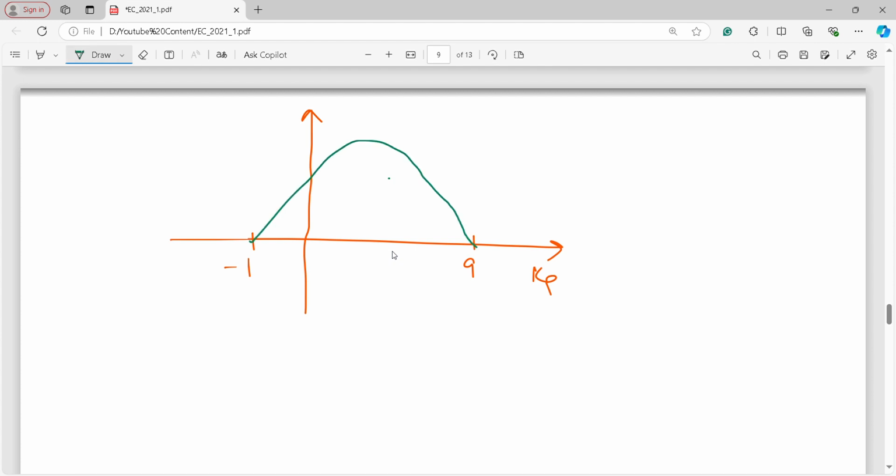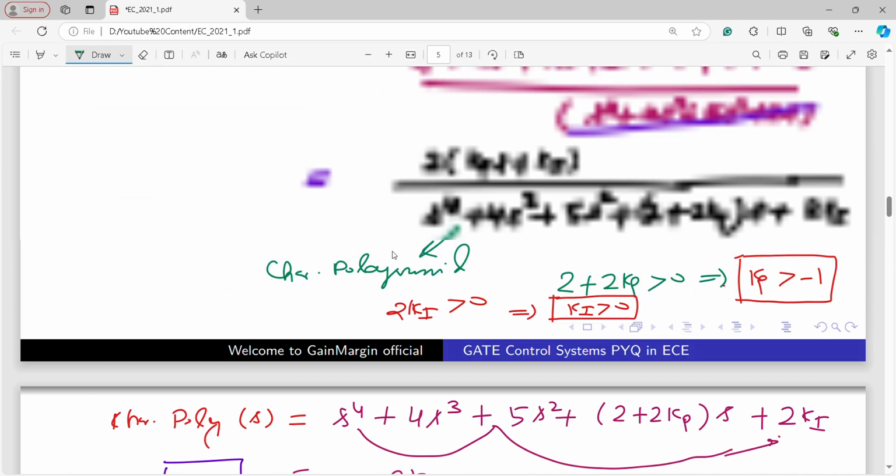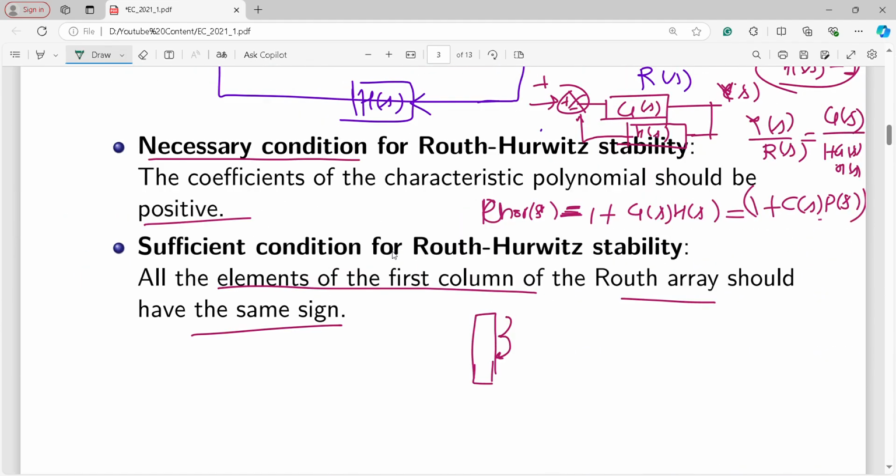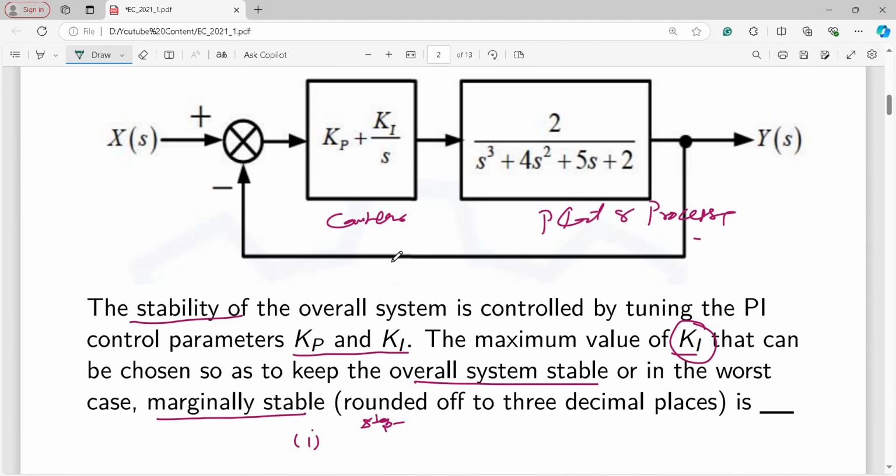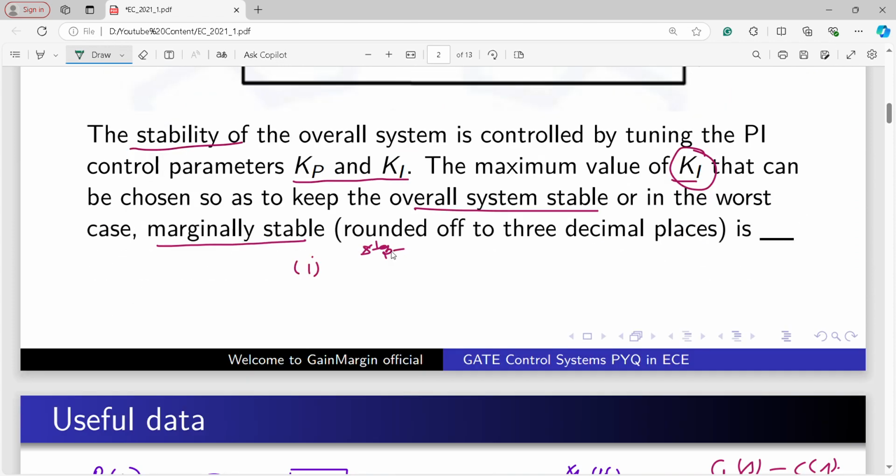Here this value will be maximum at kp equal to 4. This value is 3.125, or we can say 25 by 8. For our given question, the ki maximum value, to 3 decimals, is 3.125. Okay, that's the correct answer.